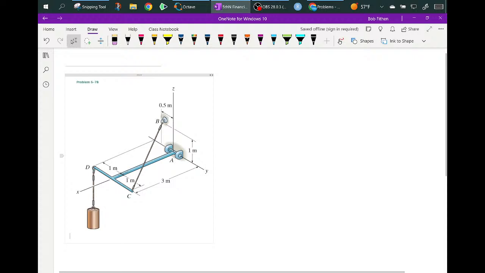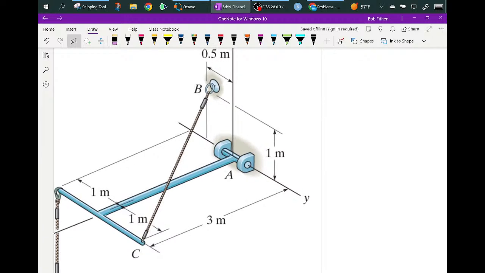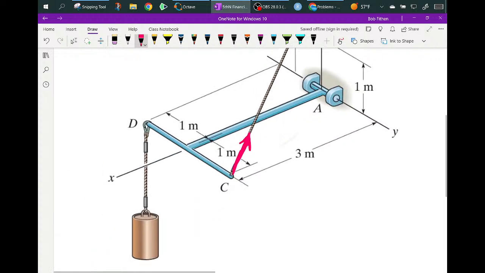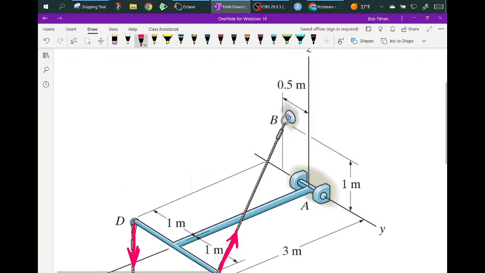All right, so the first thing we'll do is put the loads on there. Obviously, the first load is, I'm going to have a tension here. I'll deal with that later. The second load is, I'm going to have some sort of force here.